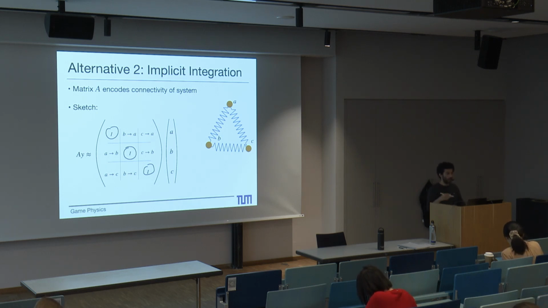If in our system there are some points that are not directly connected by springs, let's say we don't have a spring between B and C, then this interaction will not exist, because there is no force that relates the movement of B and C. So in a sense, the matrix A, as is written there, encodes the connectivity of the system, and that can help you out.